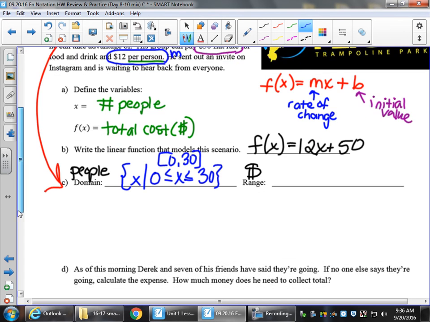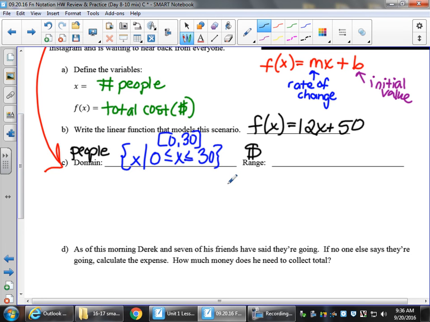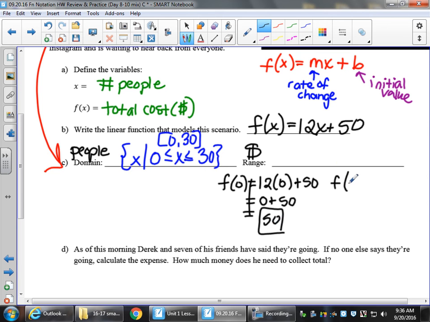How am I going to go find my range? Do you have x values or y values? X values. So we're going to do f of 0. I would never assume. I would always calculate. What'd you guys get for f of 0? 50. Awesome. How about f of 30?